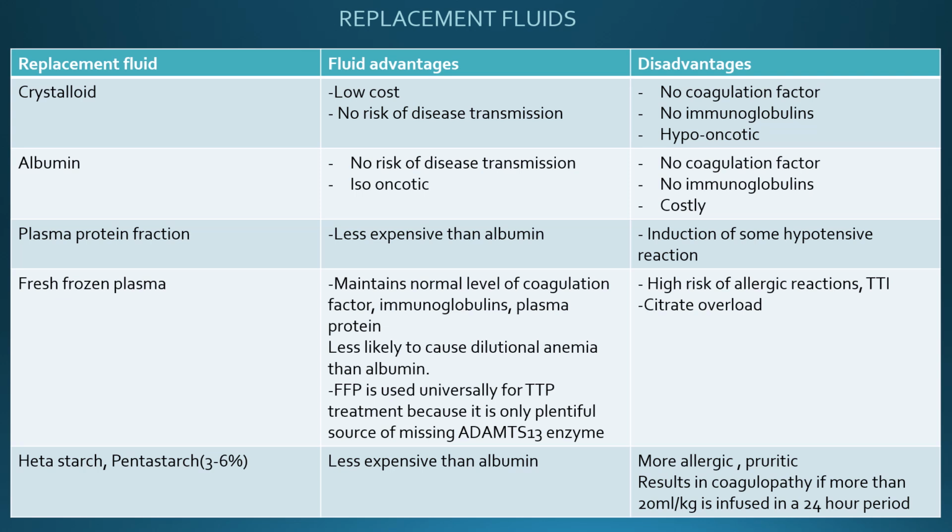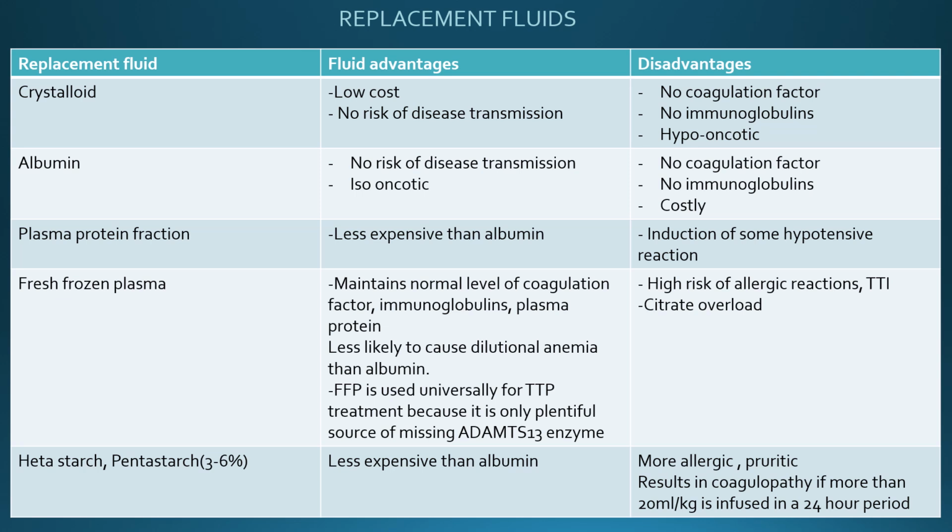Next is the replacement fluid. During therapeutic plasma exchange, we remove a large volume of the patient's plasma, which contains essential proteins, antibodies and coagulation factors. To maintain blood volume and hemodynamic stability, this plasma must be replaced immediately with an appropriate fluid. Here are examples of fluids we can use.